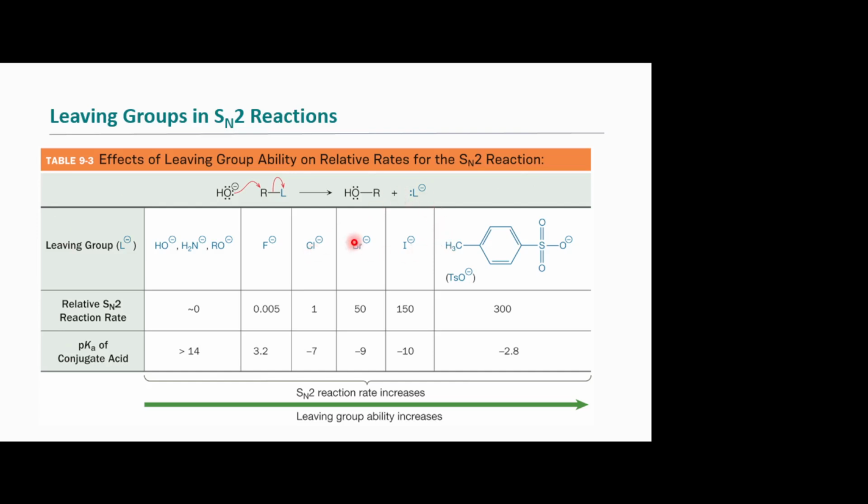And bromide here is 50 times better of a leaving group because it's a large group, right? It can share the electron charge among a larger space. Iodide is an even larger one, so it can share the electron charge more, distribute it more, and so again, 150 times. And there's our tosylate, which is one of the best leaving groups right there.